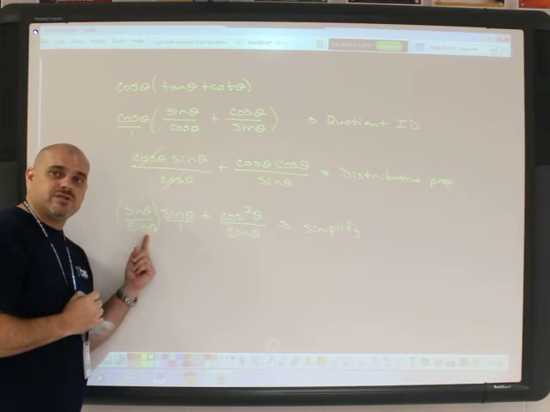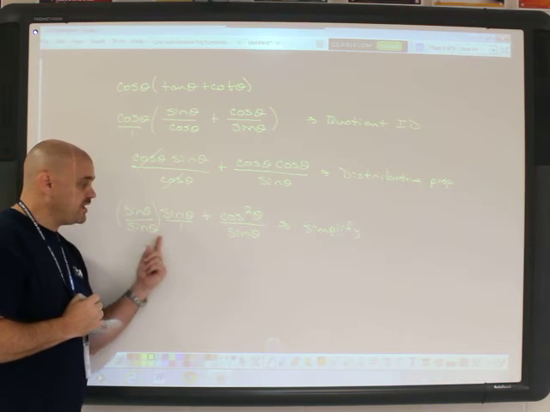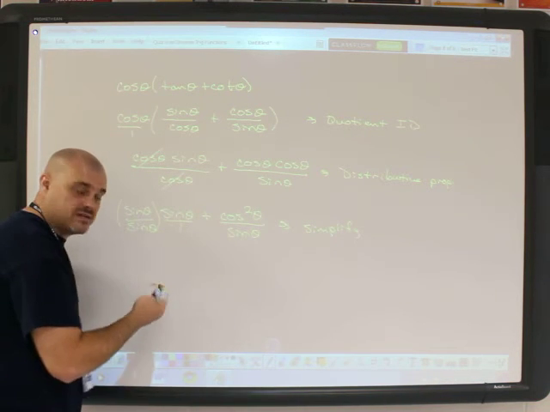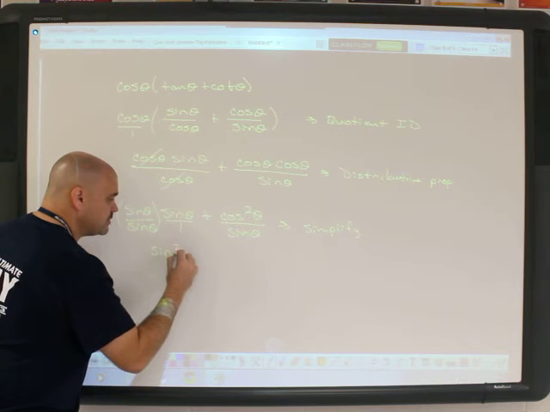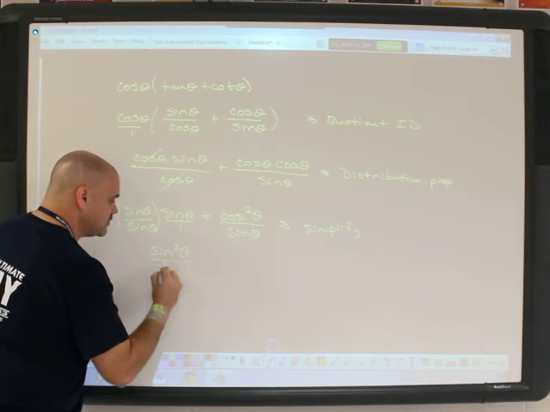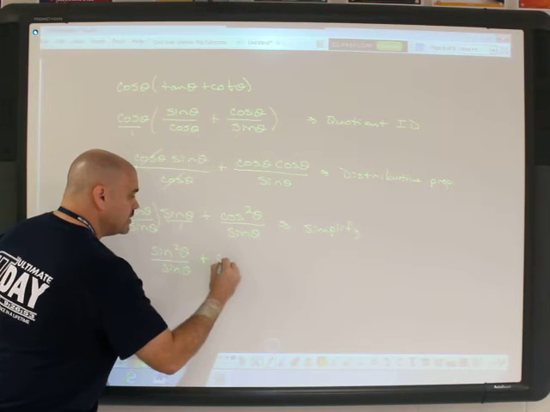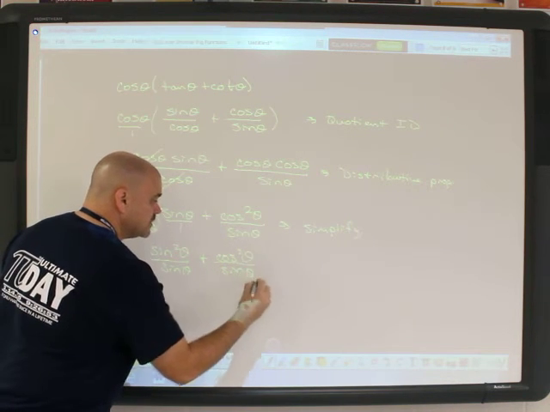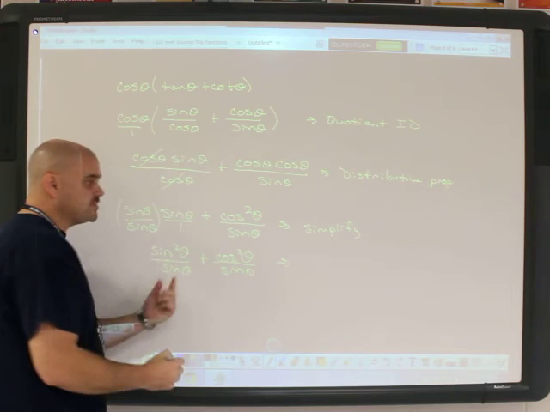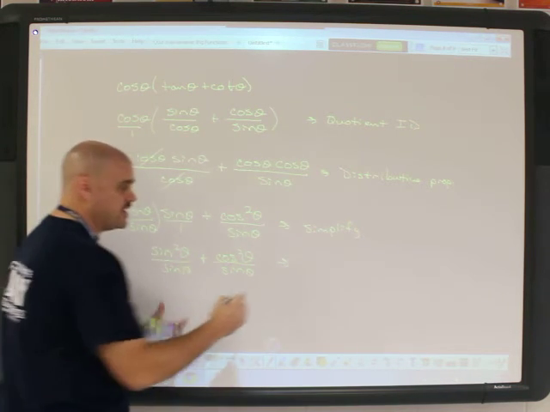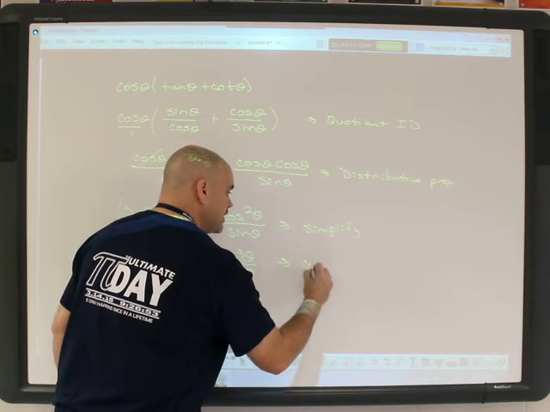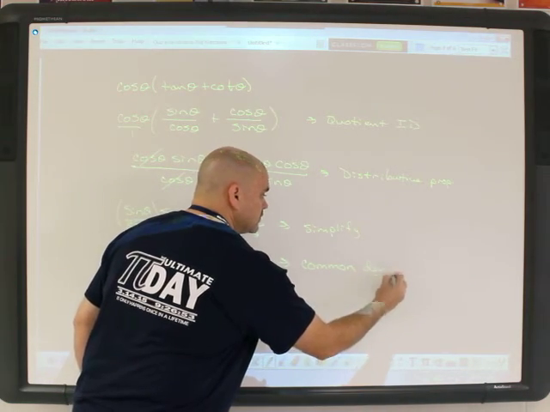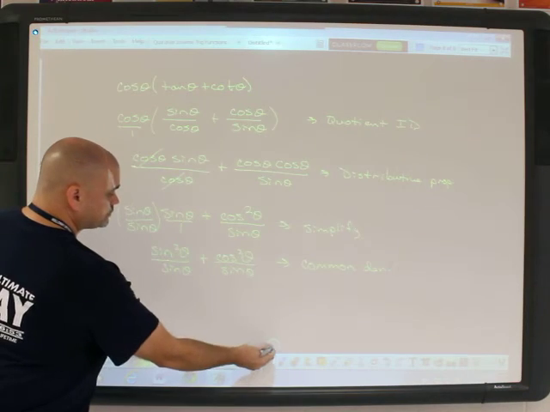So what I'm really doing is multiplying by sine theta over sine theta, times this sine theta over 1. Sine times sine, we already said, is sine squared, just like we talked about with cosine, all over sine theta, plus cosine squared theta over sine theta. The only thing I did here was get a common denominator and add fractions.